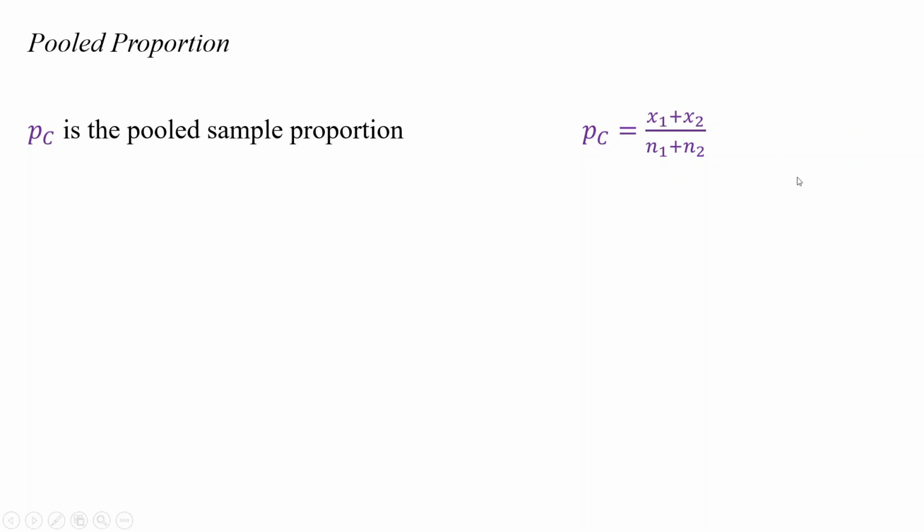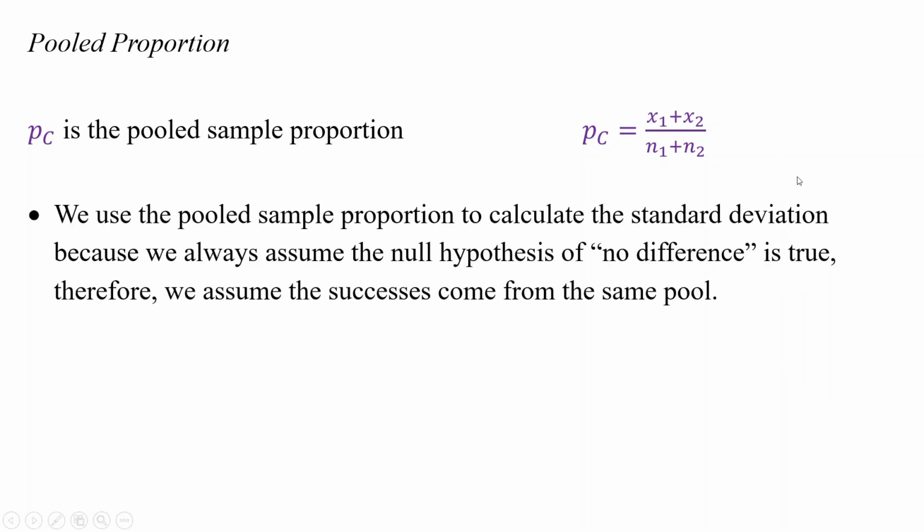That's how it's found, but what is it exactly? Well, we use this pooled sample proportion to calculate both the standard deviation and to check for normality because we always assume that the null hypothesis has no difference between our two proportions.